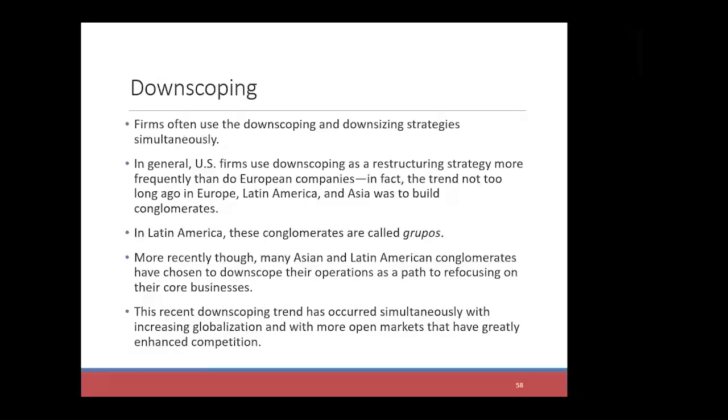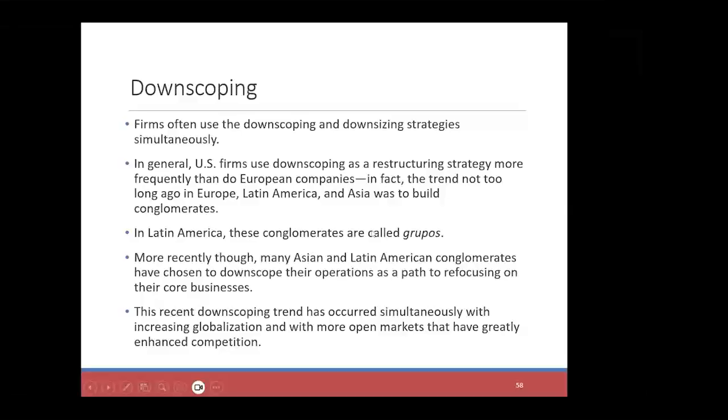Which is less common in US. So American firms tend to focus on their core business more. So downscoping is more common in US, but even in other parts of the world, because their institutional environment has also improved a lot in the last few decades, they have also been downscoping and divesting to focus on their core business.